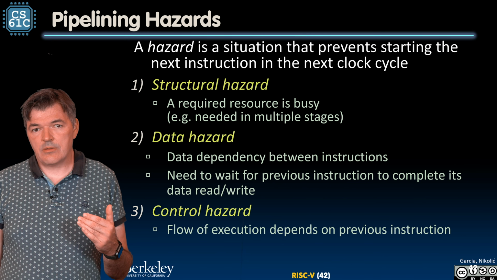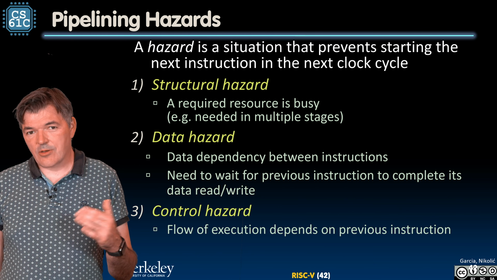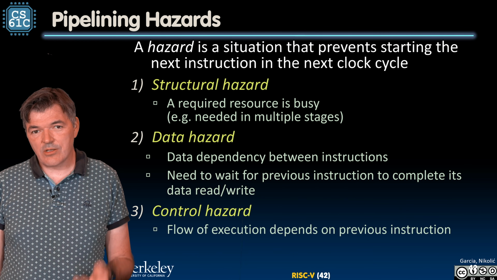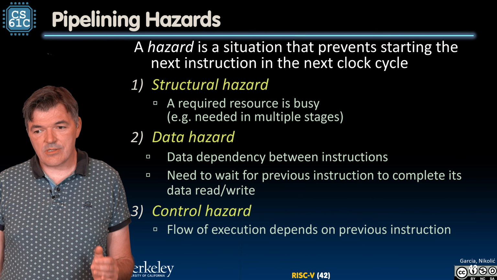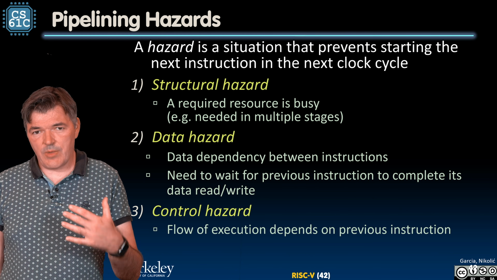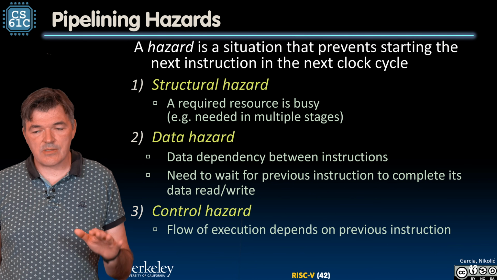In most modern processors, at least those that are not that complicated like the ones that we are designing in this class, we are rarely going to run into structural hazards. The pipeline is designed to match the ISA, and the ISA prevents the existence of these hazards.